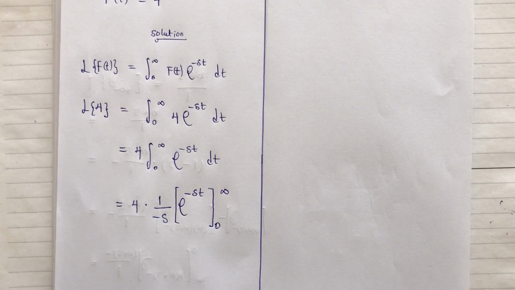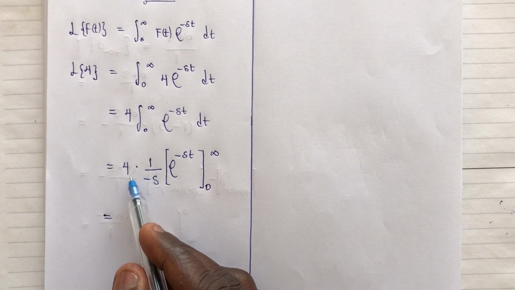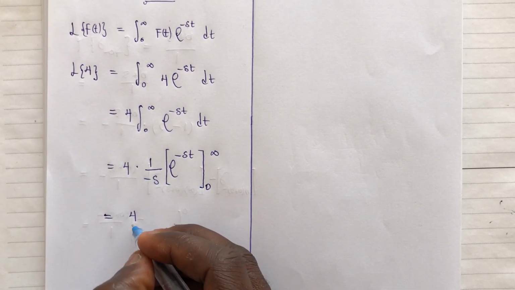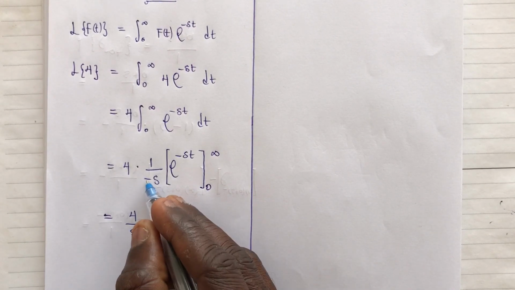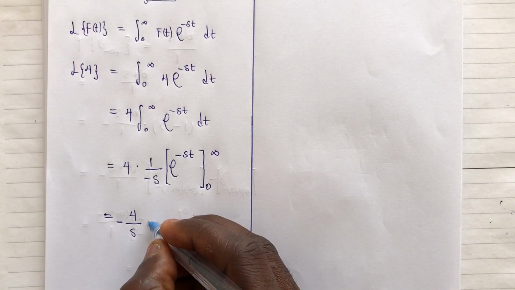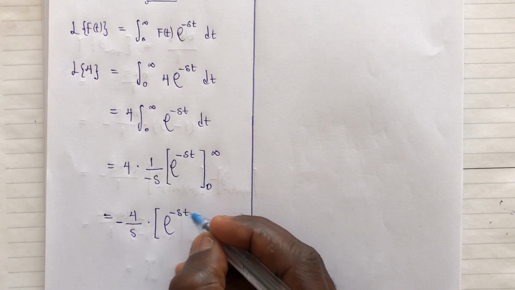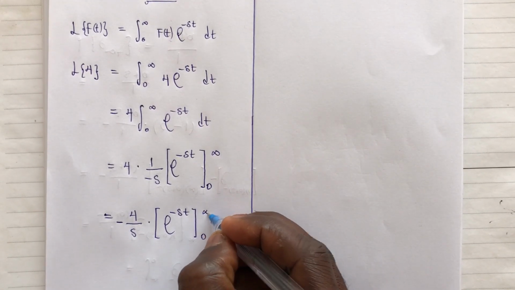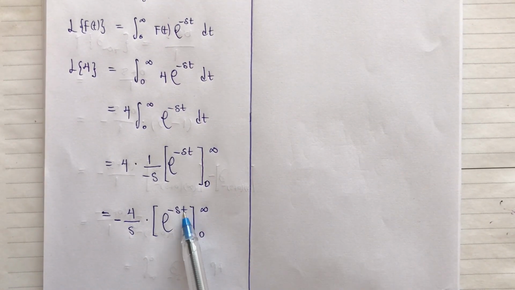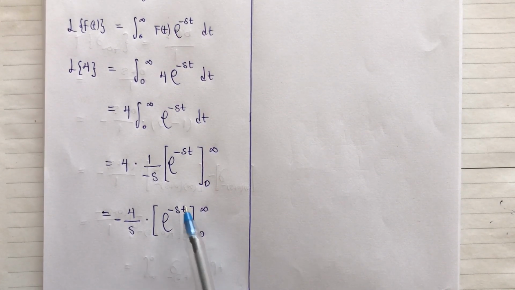Now, this becomes simple for us to solve. We have 4 times 1, this is over 1. We are having 4 over s. Don't forget we have a negative here, so this is negative 4 over s times our e to the minus st from 0 to infinity. Remember that t is from 0 to infinity, so this is t, this is t.